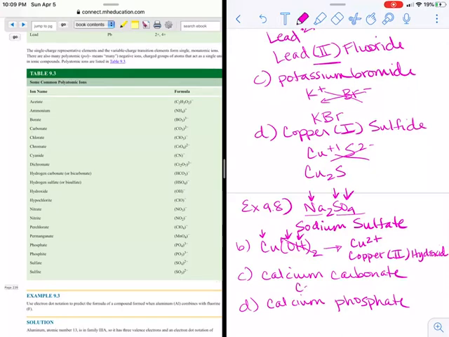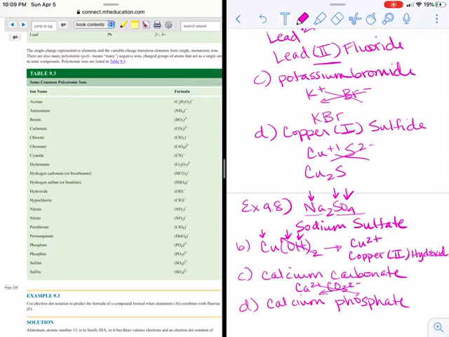Okay, now for the worded ones. So on this one for calcium, you just have to look at the periodic table and you see that it's in the second group, so it's 2+, and then you have to look over here on table 9.3 for carbonate, and carbonate is CO3 2-.